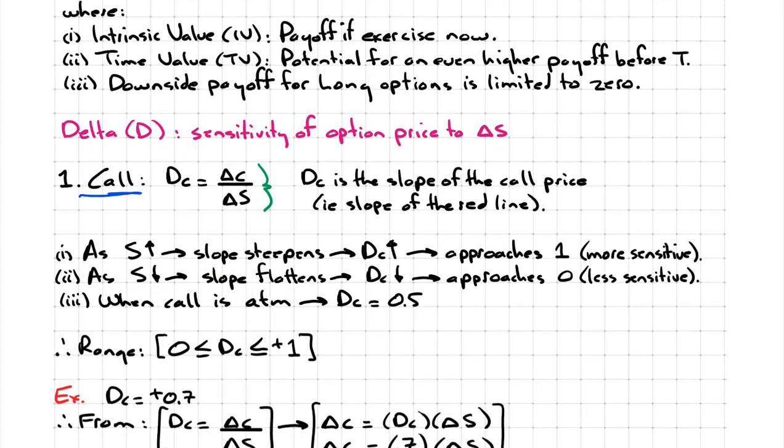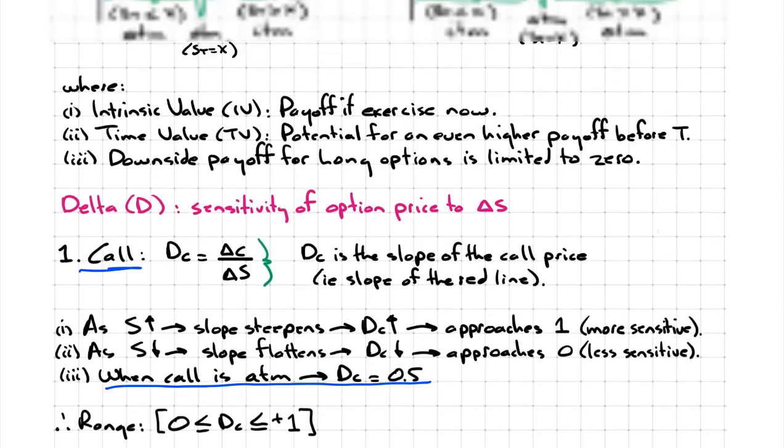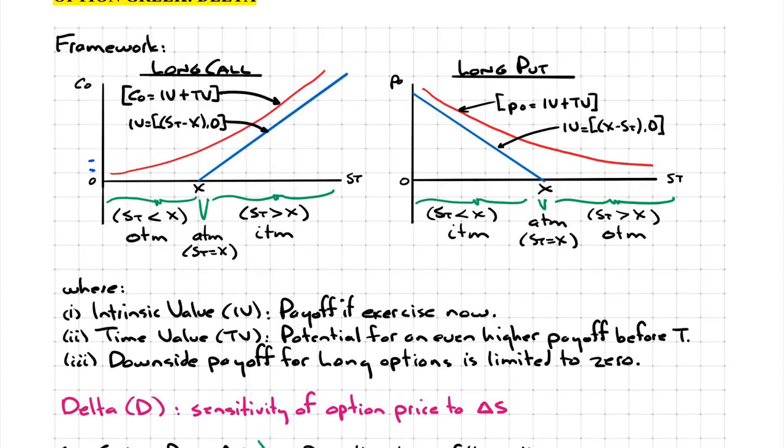Now finally, when the call is at the money, delta would be equal to 0.5, and that's talking about right here. So if you were to find the slope right there, it'd be 0.5. So what are our extremes?